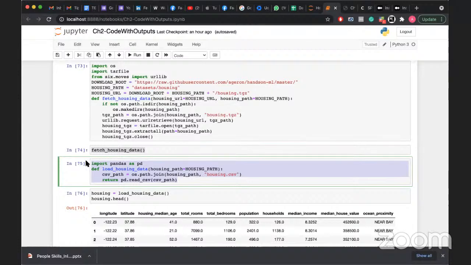So import pandas as pd, def load_housing_data with the parameter housing_path, and csv_path is os.path.join of the path, return pd.read_csv of csv_path. Come on, execute this function. Please look at the screen while writing the function so that you don't have any indentation errors.